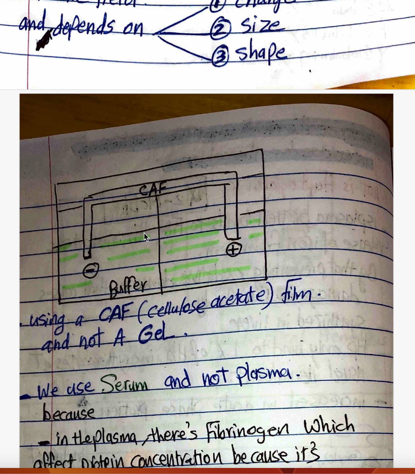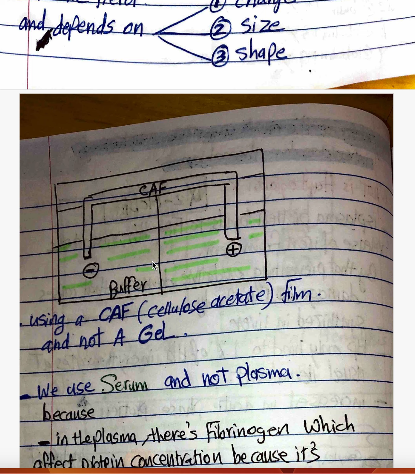Most of the plasma proteins are negatively charged. We put the buffer and use CAF, cellulose acetate film, and not the gel. Here in protein electrophoresis, we use cellulose acetate in the buffer. Here we have the negative charge and here we have the positive charge.